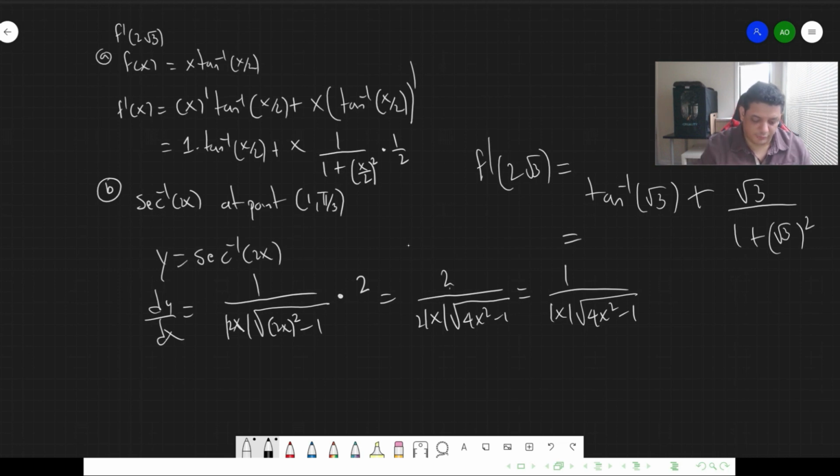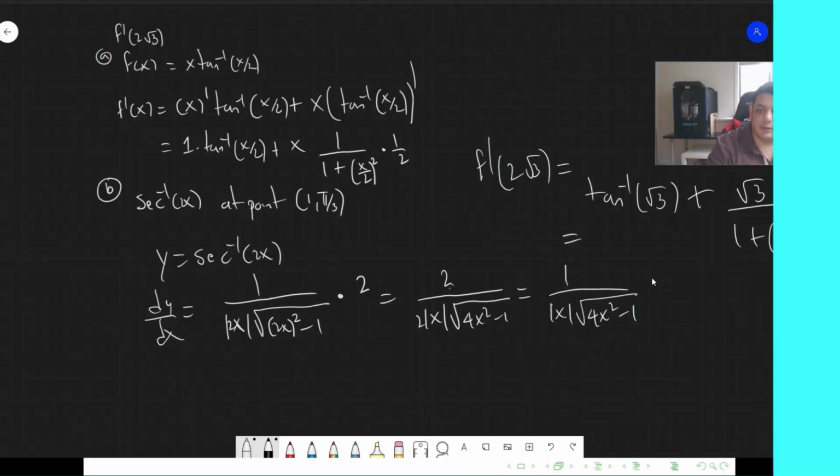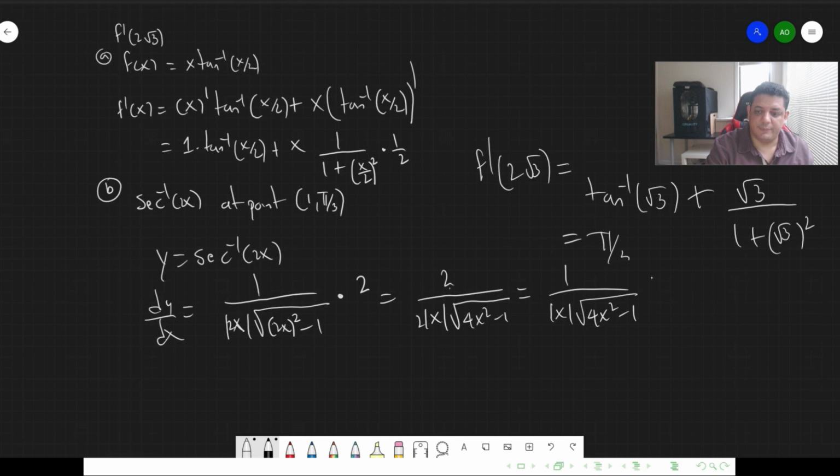You can always use your calculator to find these values. Tangent to the minus 1 of square root of 3 is pi over 3, plus square root of 3. And square root of 3 squared is 3, plus 1 is 4. So this is my end result in there.